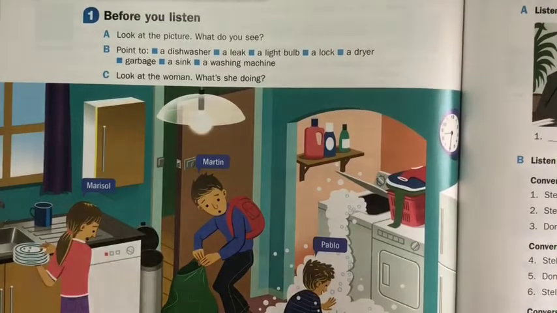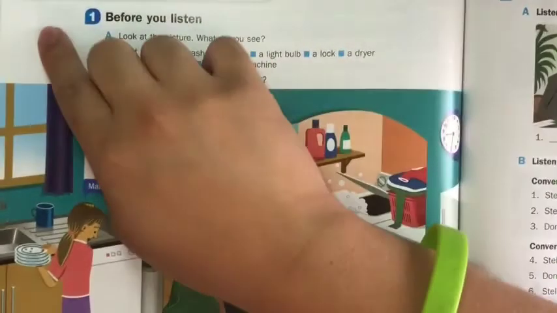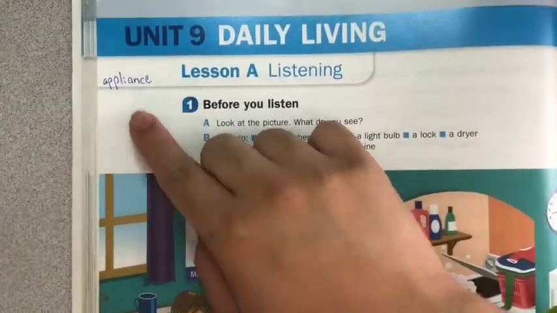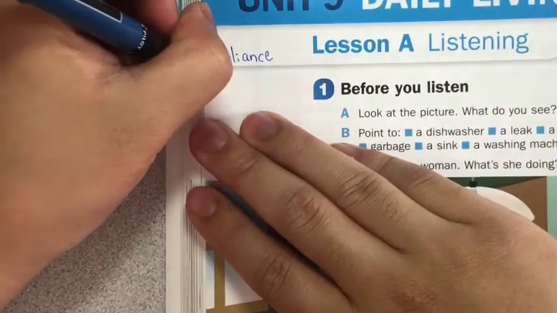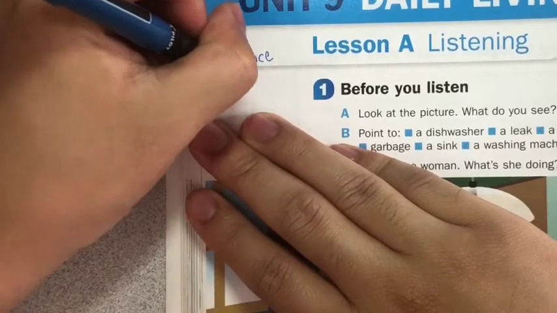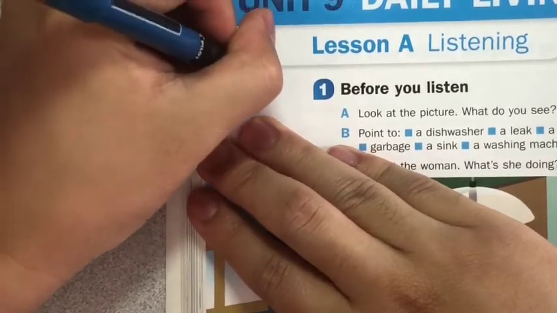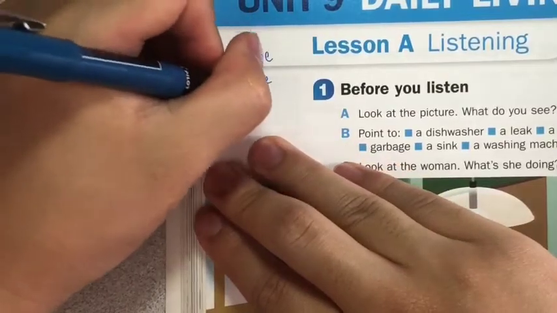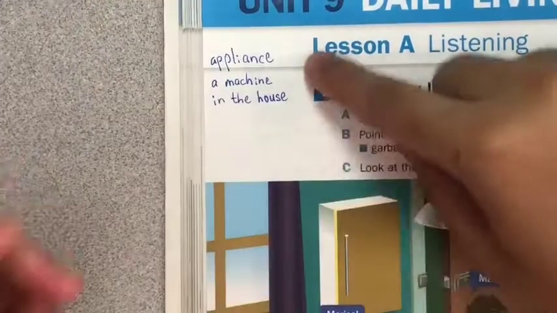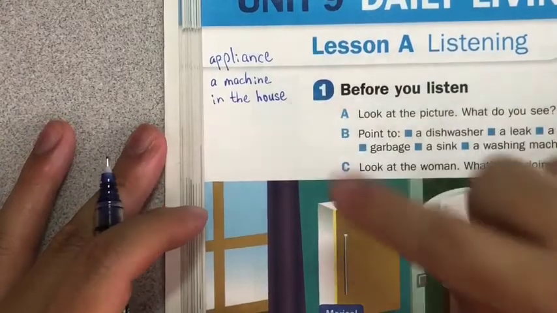Some of these things are appliances. An appliance is a machine in the house.